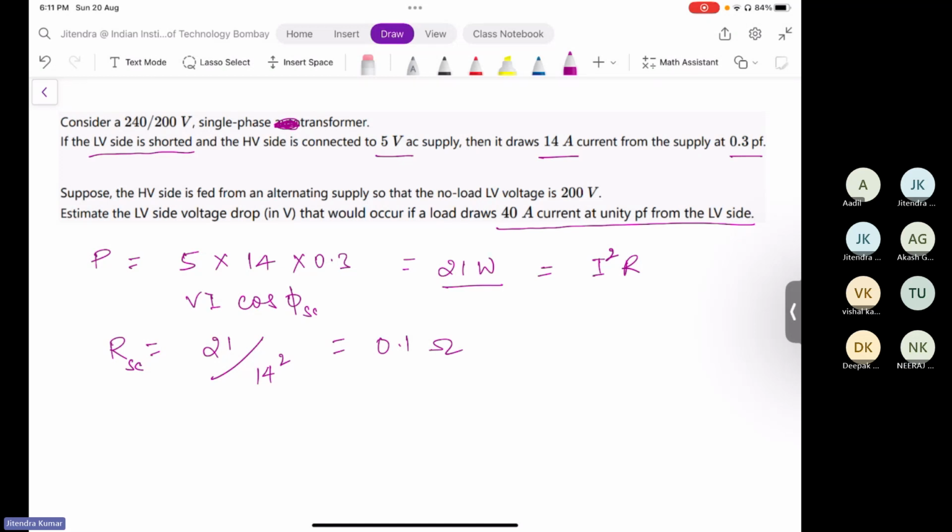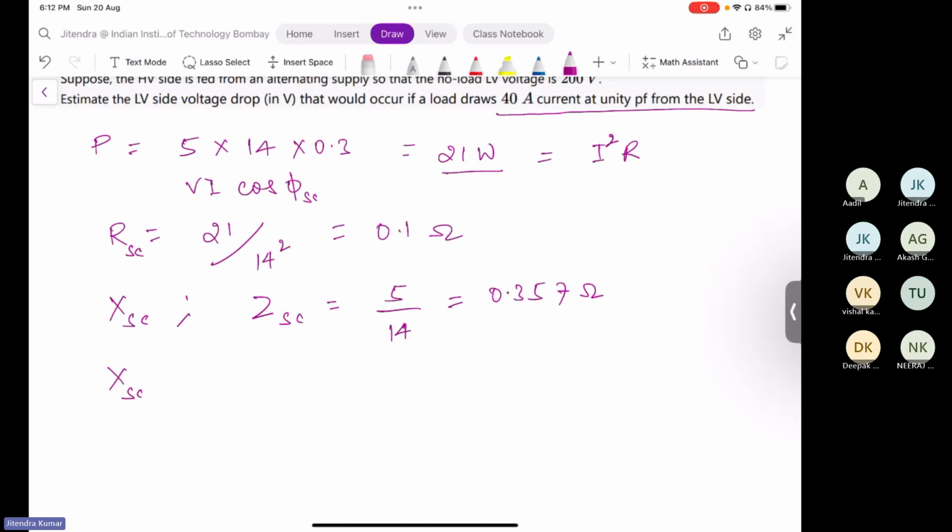Now next is the short circuit reactance XSC. In the short circuit test, first we computed the impedance, that is V by I, 5 by 14. It will be 0.357 ohm.